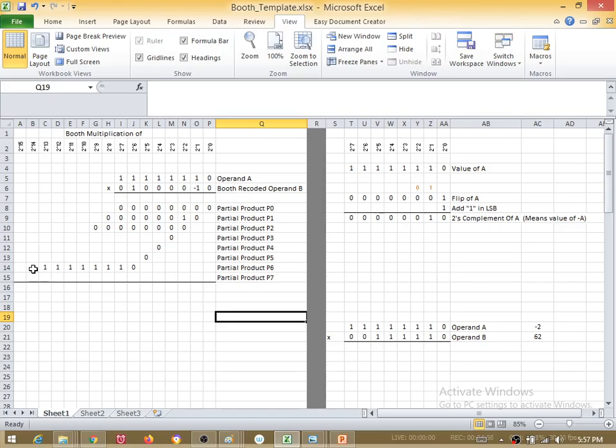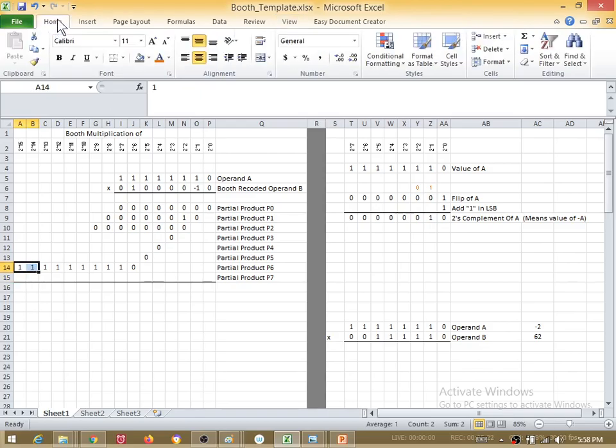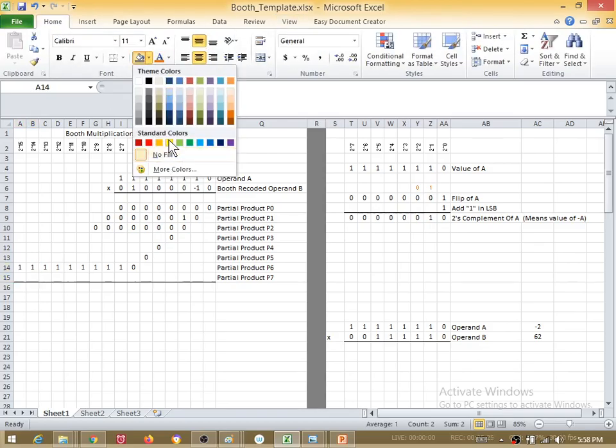There are 2 more bits left. If I want the sign of this number to be preserved, and currently it is a negative number with a 1, then I have to sign extend it with the same value as the MSB. So I need to write a 1 and a 1 here. This is basically sign extension, so what I have currently done is sign extension.